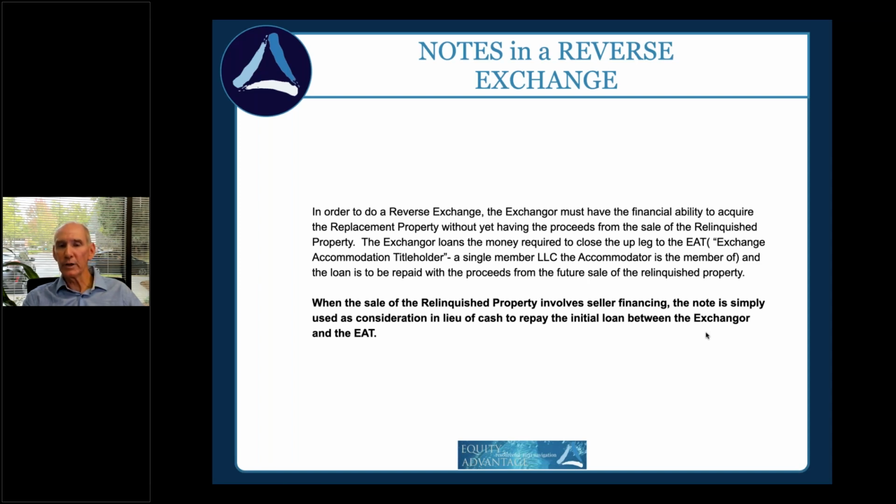When we buy the property, that note is typically paid off with cash proceeds from a future sale, but that also could be paid off by using a note and/or cash. So we've got a variety of weapons there, and that note in a reverse transaction can be very easily accommodated.